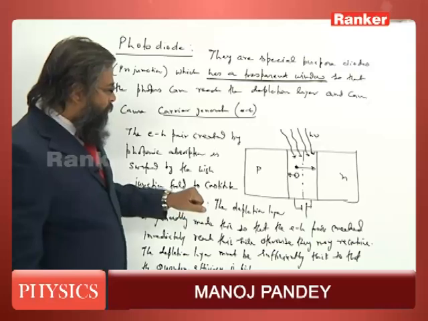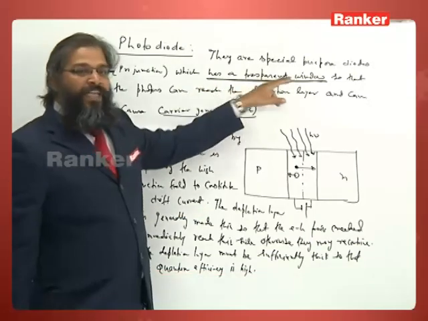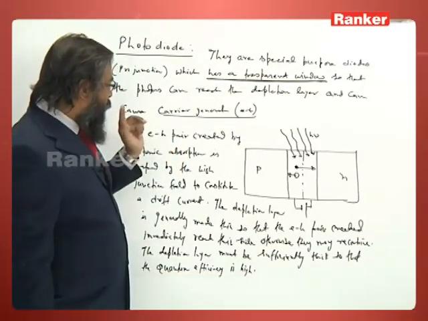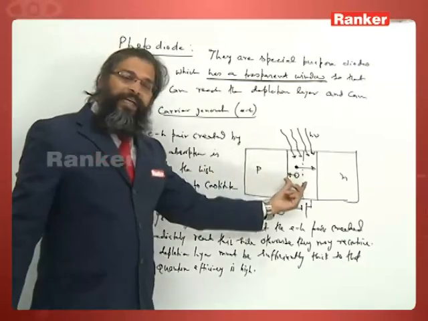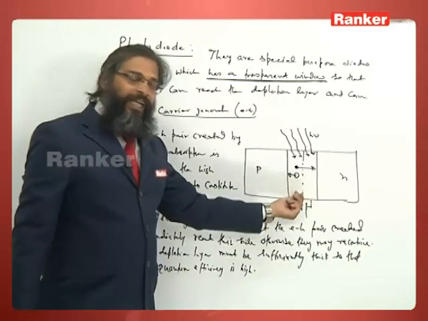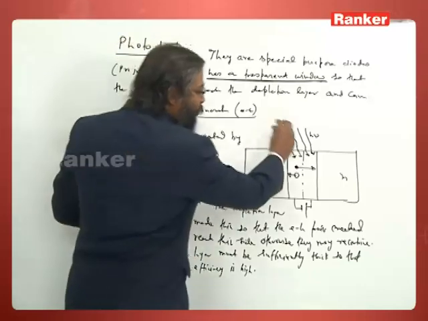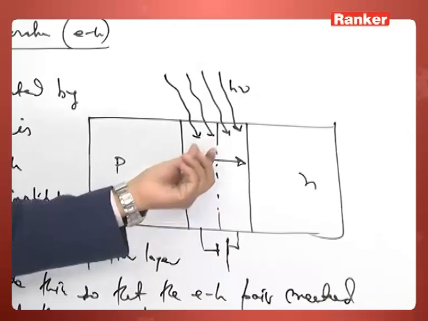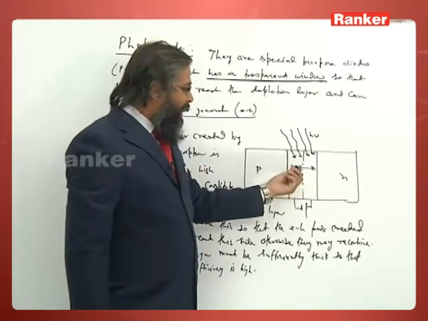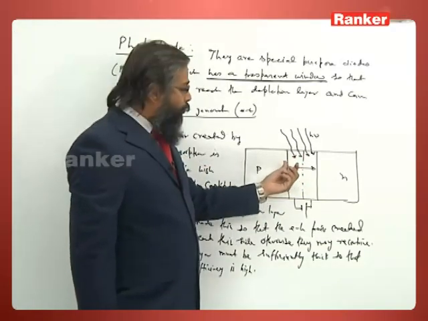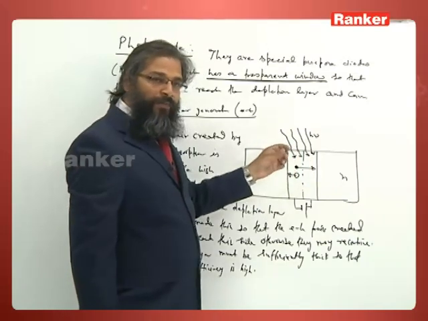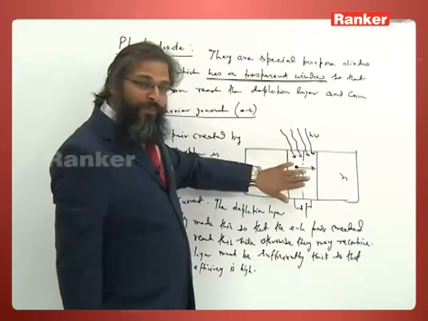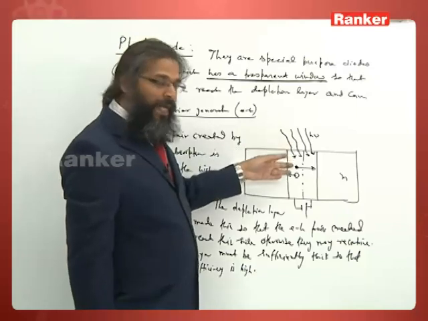So, you see here, it must have a transparent window, number 1 point. Number 2 point, it should be very thin. The depletion layer should be thin, so that by photonic absorption, you see here, any bonds between silicon or some alloying, the bond will break up and the electron from the valence band will go to the conduction band.